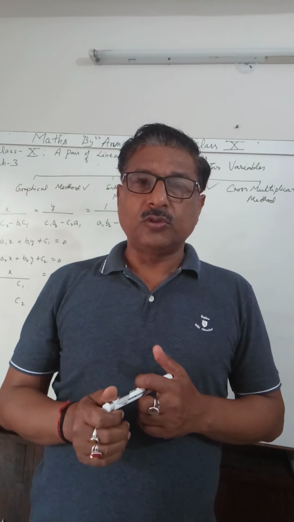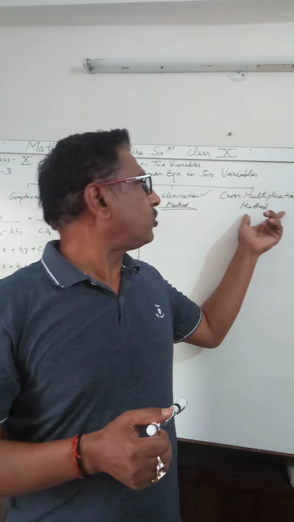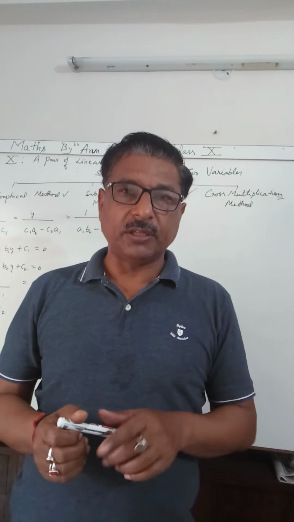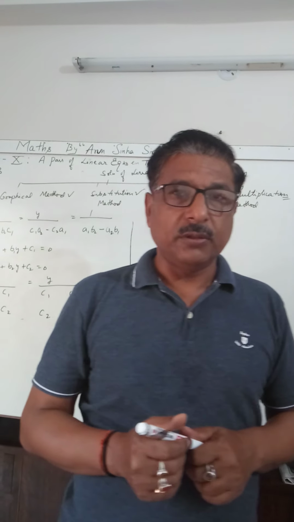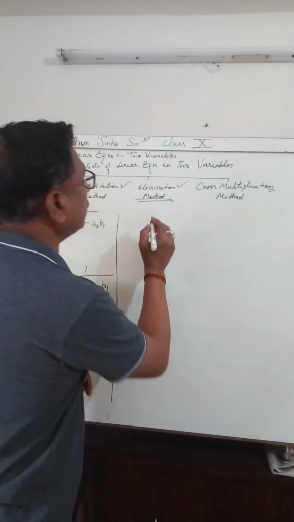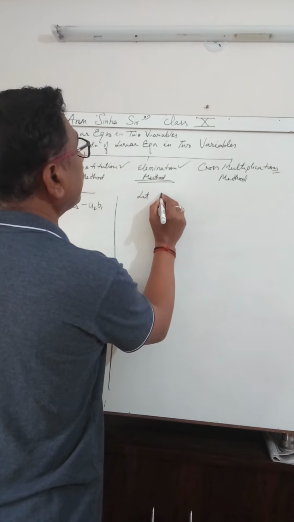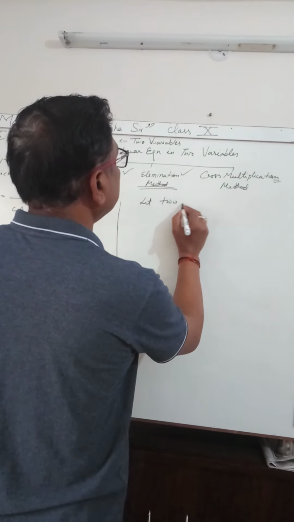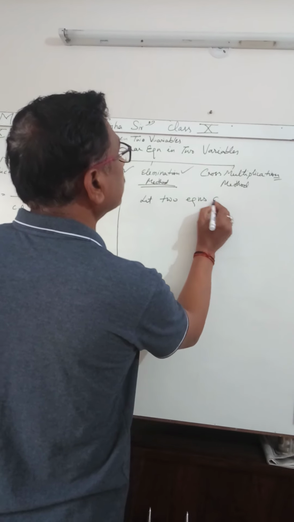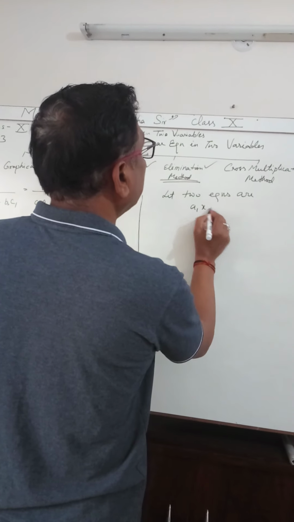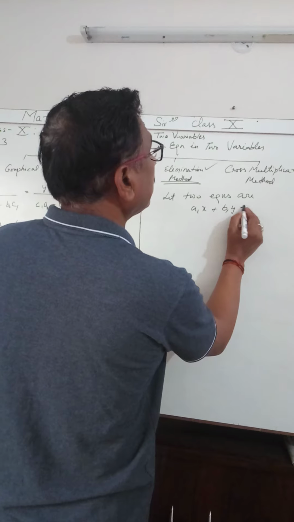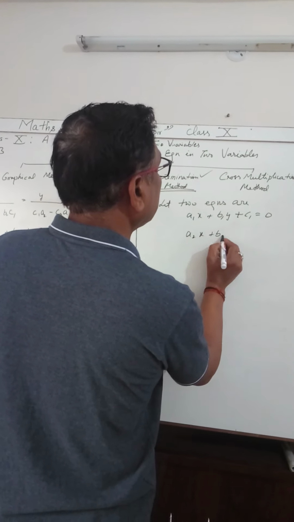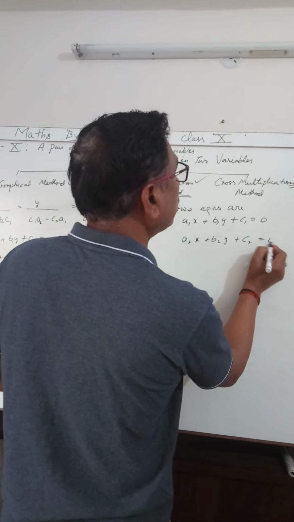So to understand the cross multiplication method, first we have to understand the elimination method in short form. Let the two equations be a1x plus b1y plus c1 equal to 0 and a2x plus b2y plus c2 equal to 0.